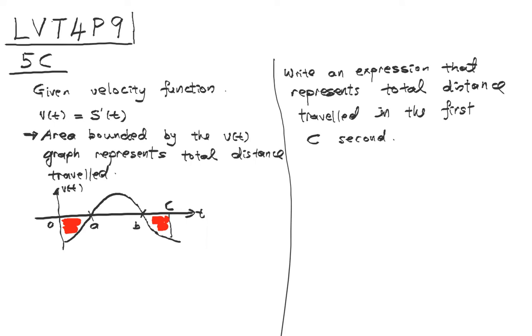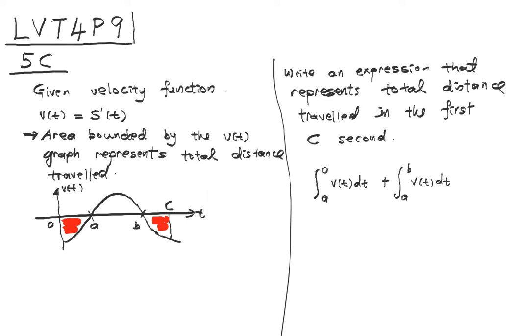We try not to use modulus, correct? I told you already. So my answer will be: integrate, instead of writing 0 at the bottom, I put the 0 on top and a at the bottom, V(t) dt. This is the first red part, plus integrate from a to b V(t) dt. So this is called the expression.